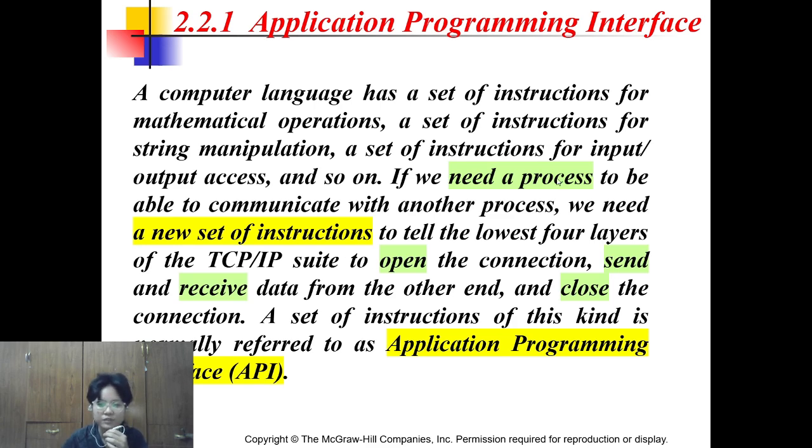If we need a process to be able to communicate with another process, we need a new set of instructions to tell the lowest four layers of the TCP/IP suite to open the connection, send and receive data from the other end, and close the connection. A set of instructions of this kind is normally referred to as an application programming interface, or API.